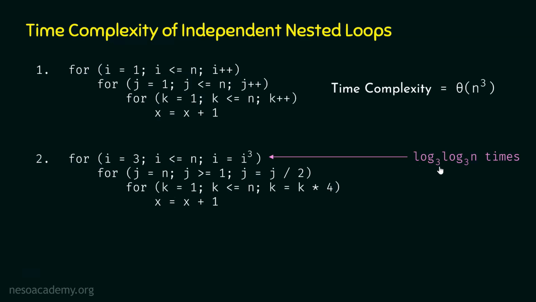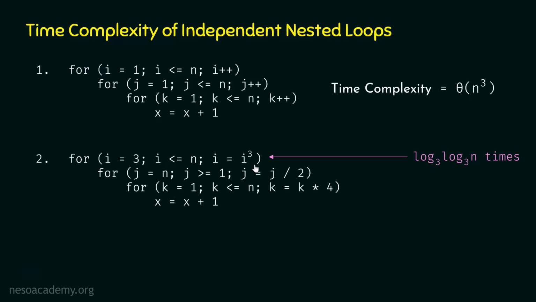This for loop will execute log n base 3 times. We obtained this base from this initialization statement. Here we have value 3, so 3 comes in the base of log n. And this base is obtained from this constant in the power of i. So log n base 3 is the frequency count of this for loop, and hence the time complexity of this for loop is log n.